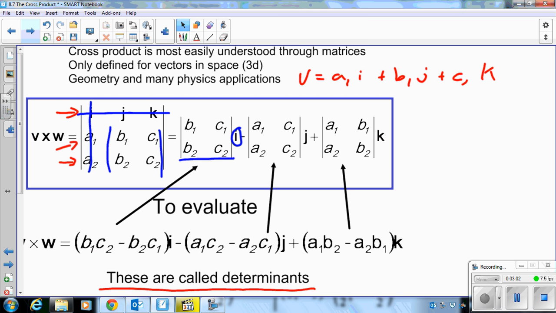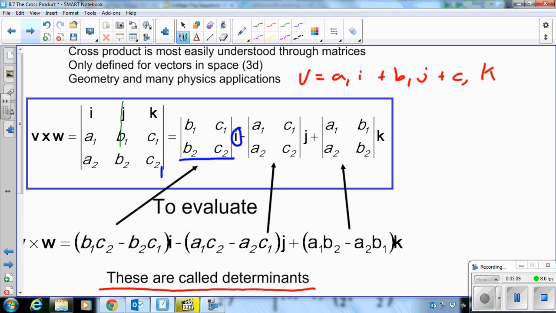Notice if we look at the determinant for j, cross out the row and column that j is in, you're left with a1, a2 there, and c1, c2 here, and you have that j determinant. Similarly, we can do that same thing for k. Finding the determinant for k, we cross out the column, cross out the row, and we're left with this matrix.